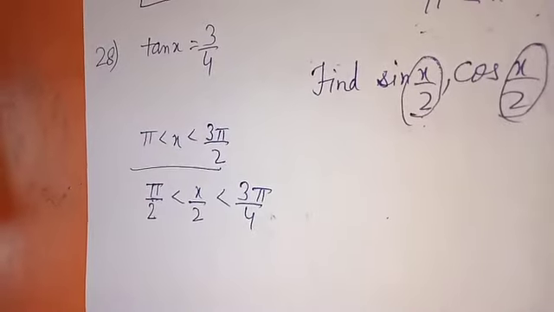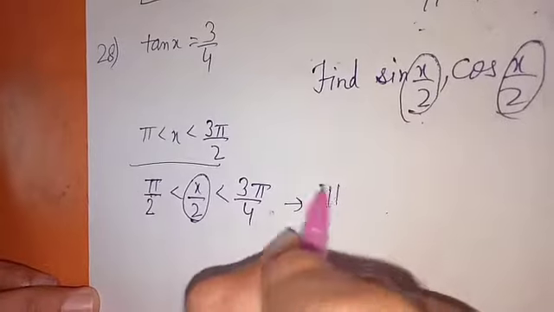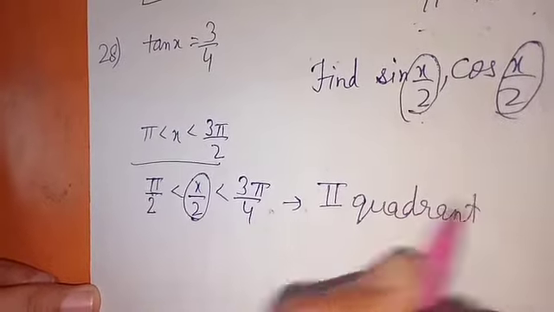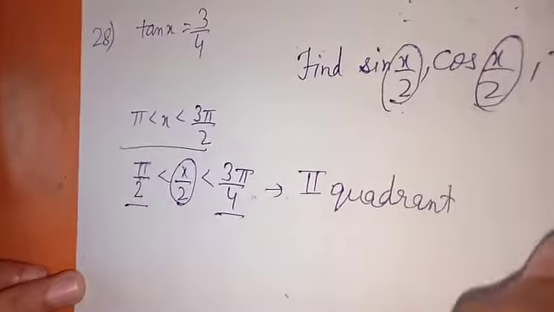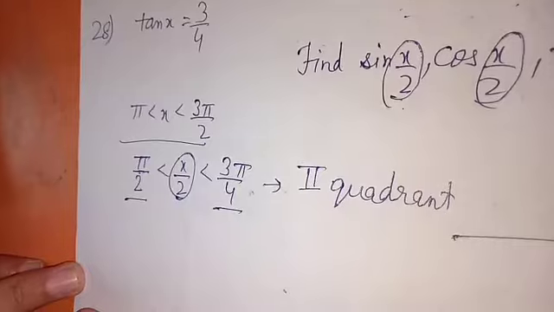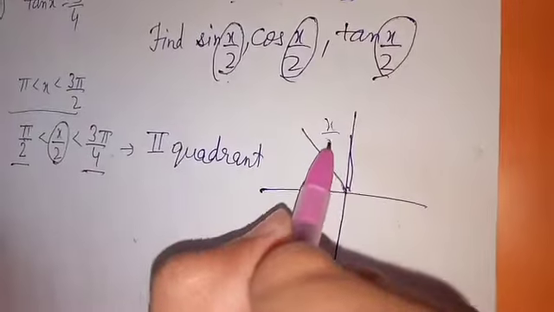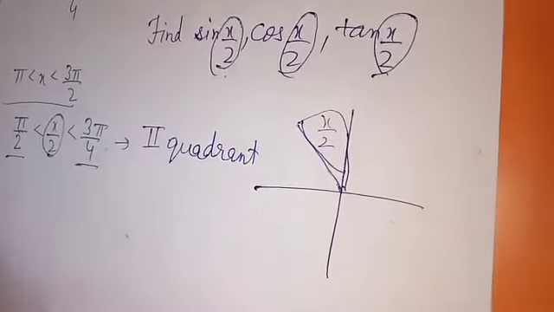Okay, that means our x by 2 lies in the second quadrant. Look, it is greater than 90 degrees and less than 135 degrees. 90 degrees here and 135 degrees here. So the value of x by 2 lies in this region. So it is the second quadrant.